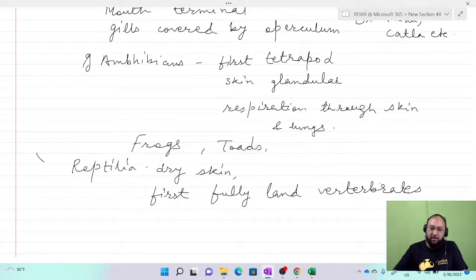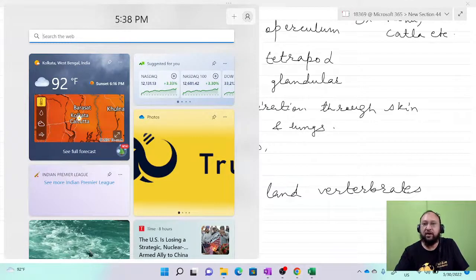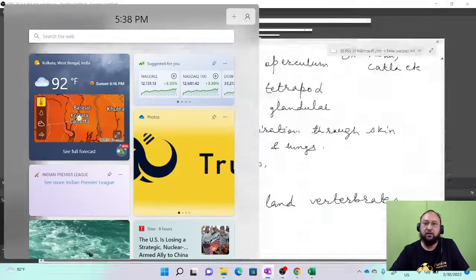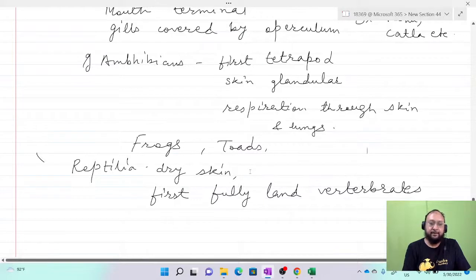In case of Aves, the forelimbs are modified into wings. Class Aves: all the birds belong to this.